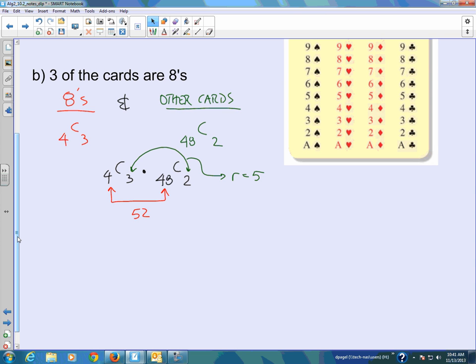So if I did a 4C3 times a 48C2, I'm going to end up with a 4 times a 48C2, which is 1128, giving me a total of 4,512 ways that I could have 3 cards that are 8s, with the remaining 2 cards being any of the other possibilities.